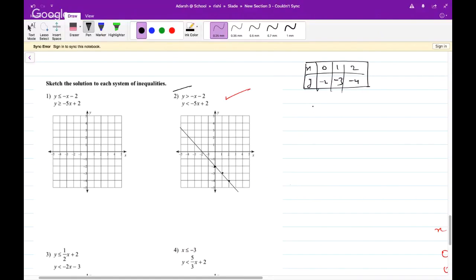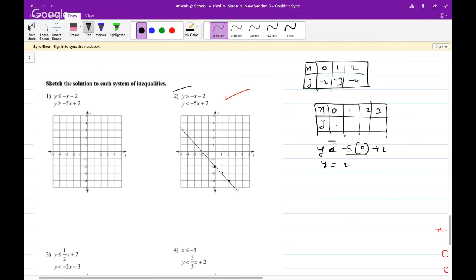Now second equation. So x equal to 0, 1, 2, 3. You need to take it as equal to and solve. When x is 0, y is 2. So this is 2.